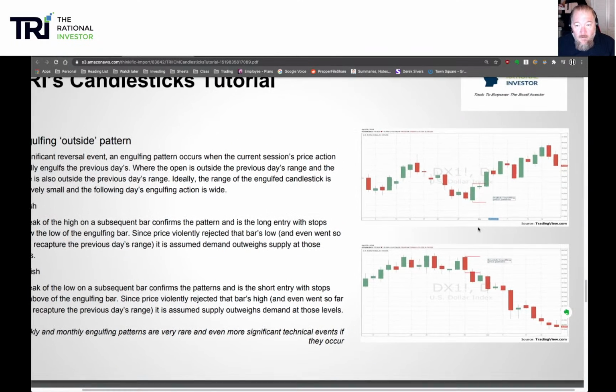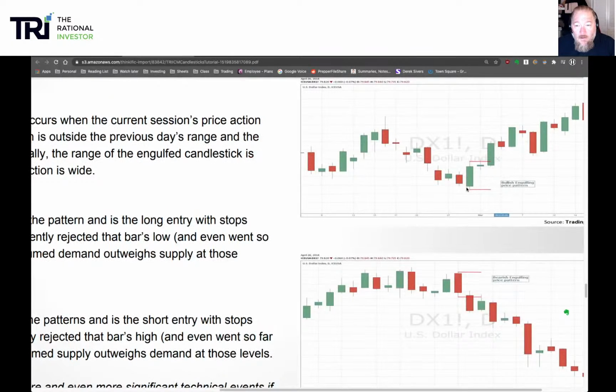Okay, so on this one, we want to see the open outside of the previous range. So every candlestick is a range. When I say the full range of a candlestick, I mean from the high to the low, from the wick all the way down to the tail. For an engulfing candlestick, we need to see it open outside of the range of the previous candlestick and close outside of the range of the previous candlestick.